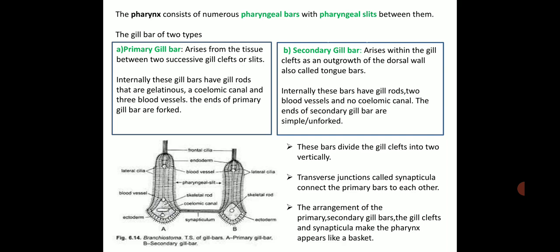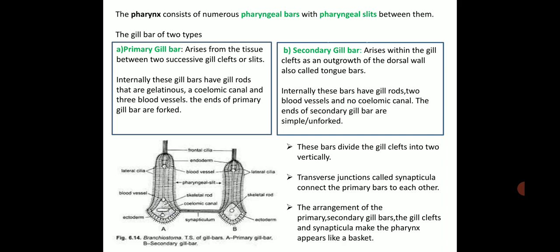In this picture you can see A, the primary gill bar, which arises from the tissue between two successive gill clefts or slits, whereas the secondary gill bar arises within the gill clefts as an outgrowth of the dorsal wall and is also called the tongue bar. Internally the primary gill bar has supporting gill rods that are gelatinous, a coelomic canal and three blood vessels.